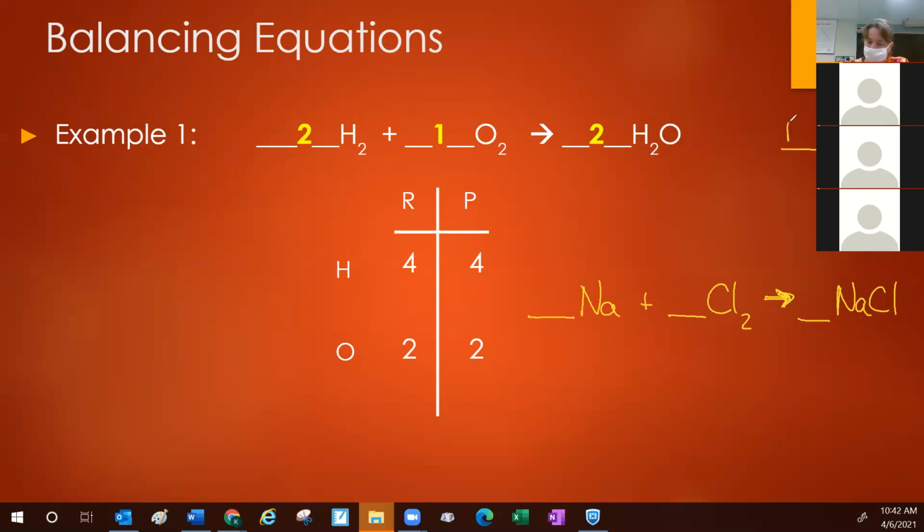You're going to have your reactant side, your product side. Okay, this line essentially is your arrow that separates them. The only elements we have are sodium and chlorine. If it helps you to draw lines to make it look more like a table, you can do that. Okay, so start by counting your sodiums on both sides, seeing if they're equal, and go from there.